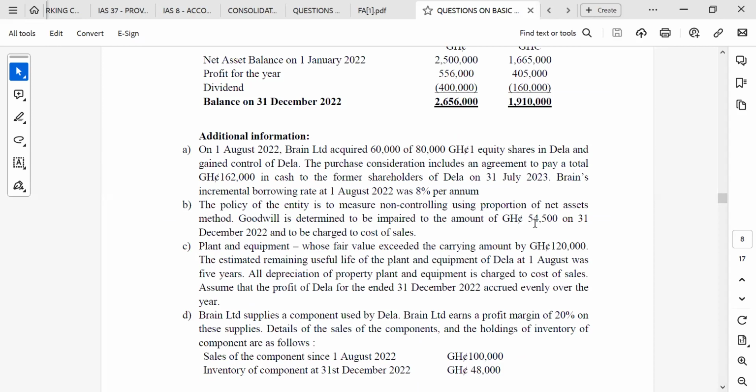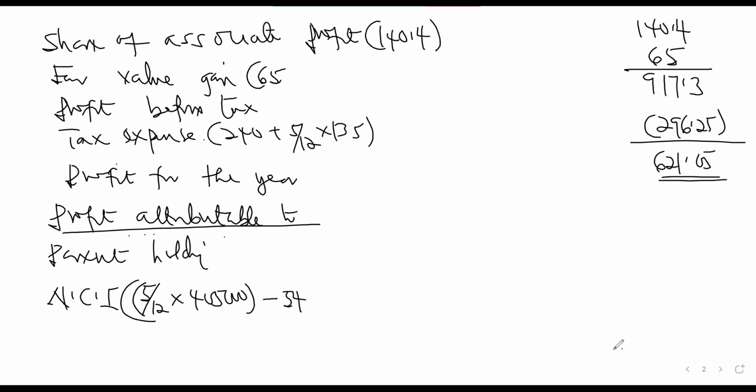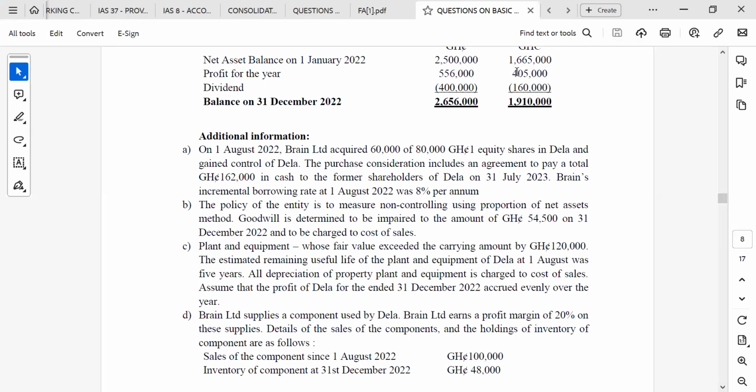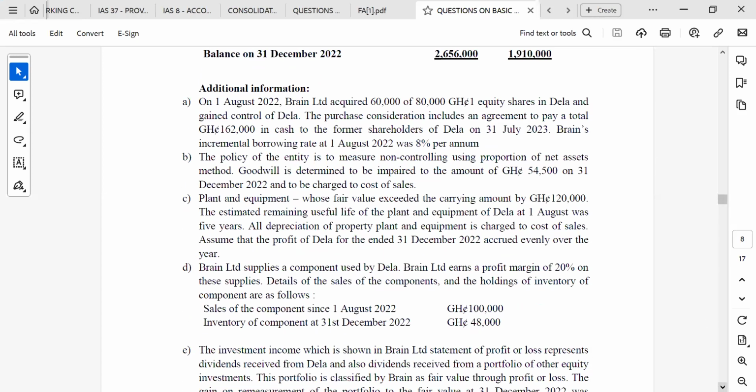The goodwill that is impairing is relating to the subsidiary. So we take the impairment of the goodwill to be 54.5. That is the first adjustment that we are going to be doing. It has not been captured in the 5-month profit. The 405 over here is just a profit without taking into consideration the post-acquisition adjustment items. So the first one is the impairment of the goodwill.